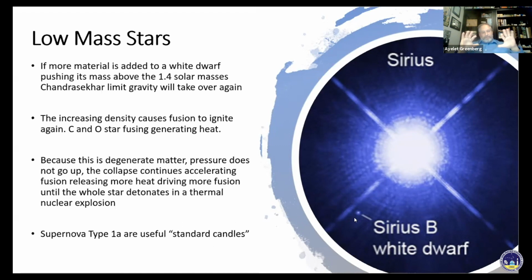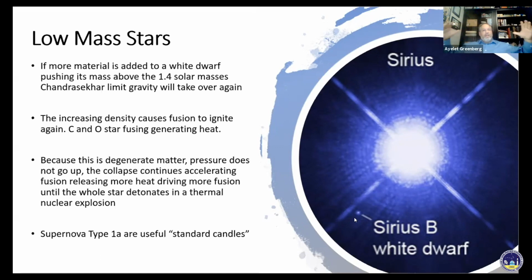At this point, the electron degeneracy simply cannot hold off gravity anymore, and the structure will start crashing on itself. And when it does, the increasing density causes fusion to ignite. Now we have carbon and oxygen fusing and generating heat, but because this is degenerate matter, it's not increasing pressure.